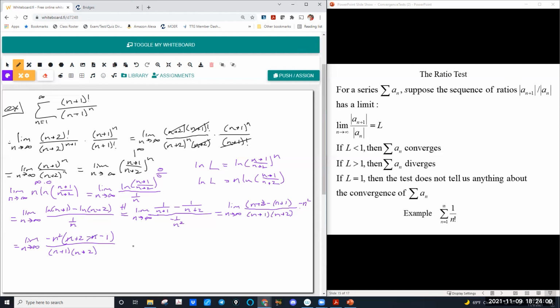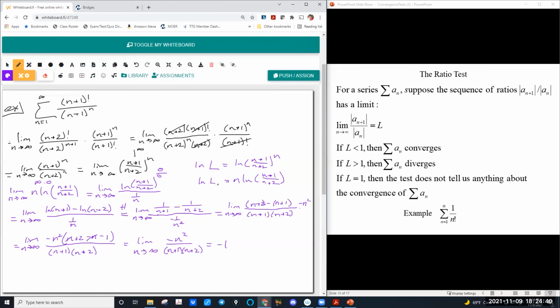So negative n squared times 1 is negative n squared. So we have the limit as n goes to infinity of negative n squared over n plus 1 times n plus 2. Now, if I were to FOIL this out, I would have an n squared as my lead term on bottom. So knowing what we know about rational expressions, I've got a negative n squared over an n squared. We can also do L'Hopital's, but I know we're running low on time. This limit is going to come out to be negative 1.